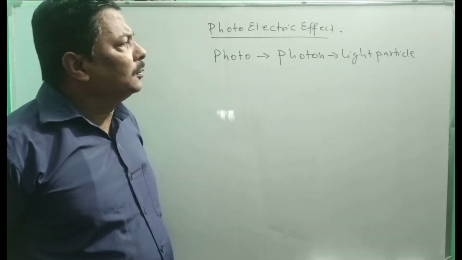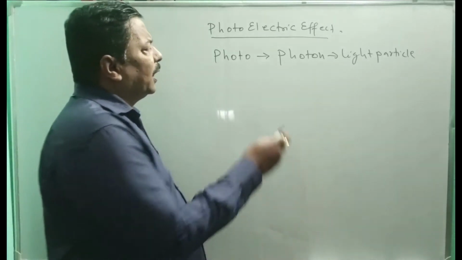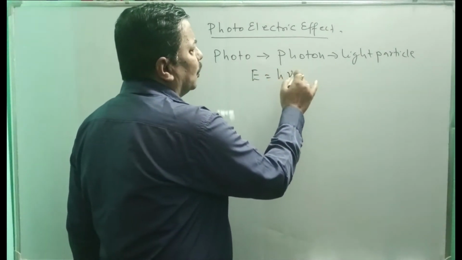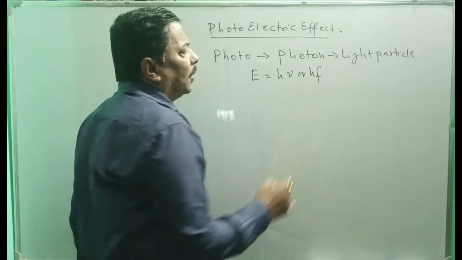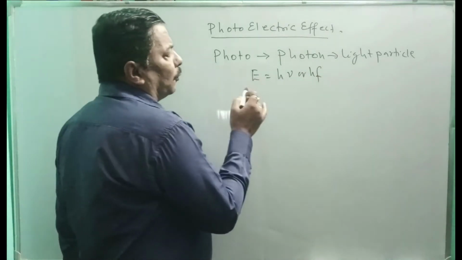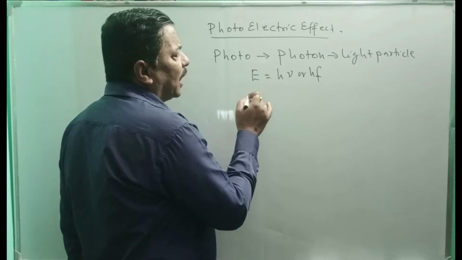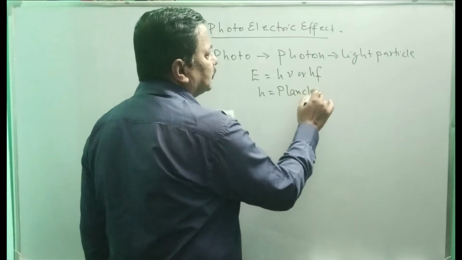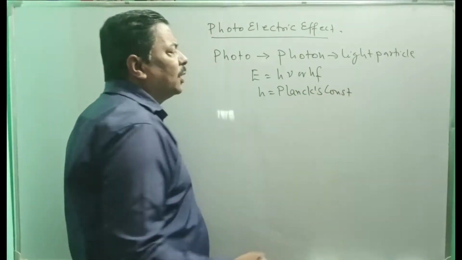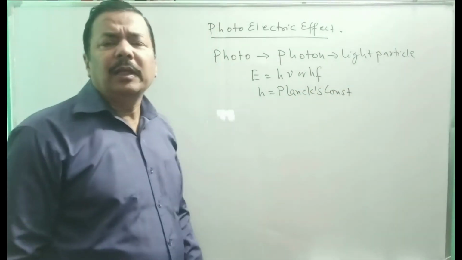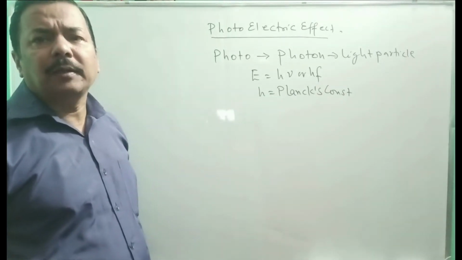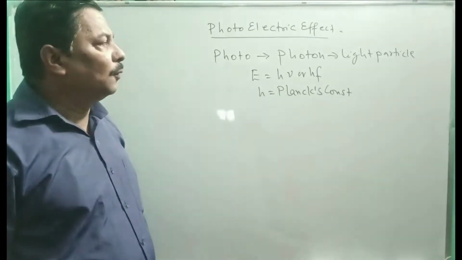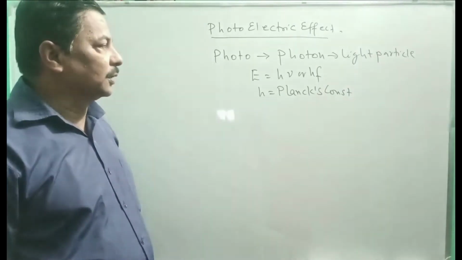Now, the energy of photon is h nu or hf. This is the energy of photon. Now, what is important to understand? h is your Planck's constant. You should understand it very carefully that some introductory information might have been given to you in the chemistry class of standard 11th, where photoelectric effect is also discussed.